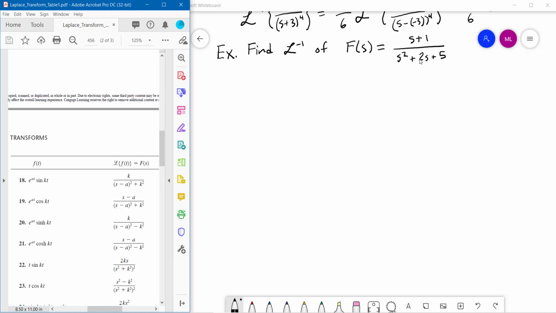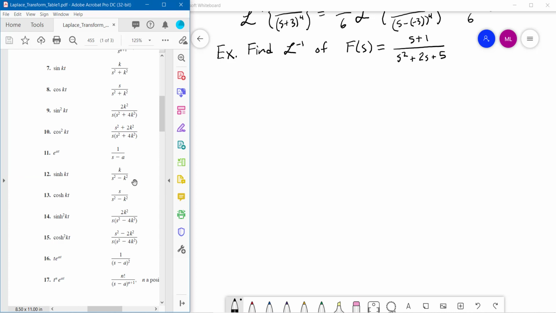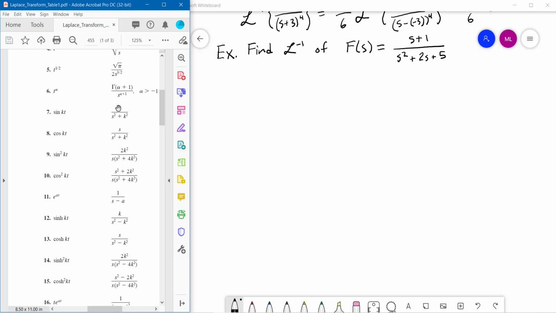So what I want to do first is think of a way to rewrite this, if at all possible. There's a couple of different things that we can do. I'll show you different techniques throughout this video, but one thing we can do is go back to the ones that we were looking at over here, even the sines and cosines.